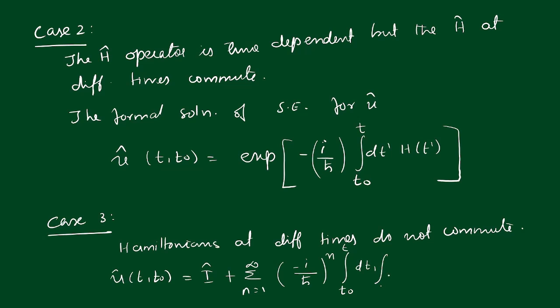T0 to t and then T0 to T1. I don't think you need to memorize this at the moment. You can check the textbook for the correct expression. I don't think you have to memorize this.